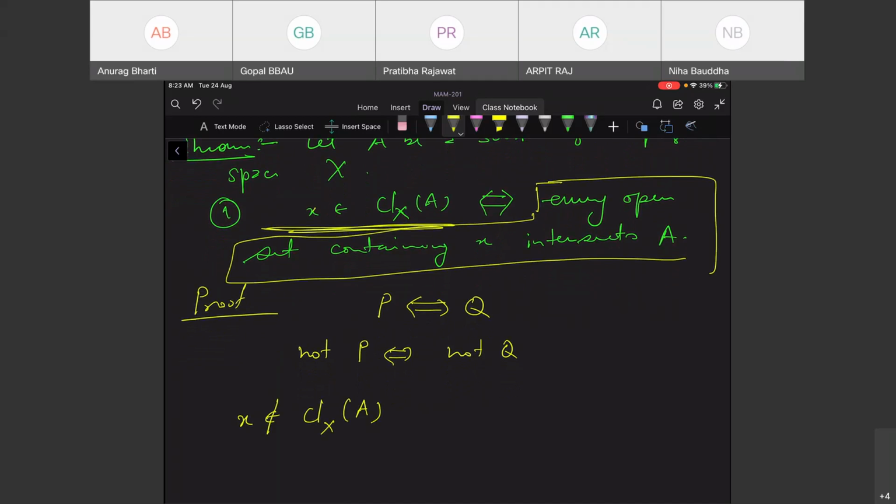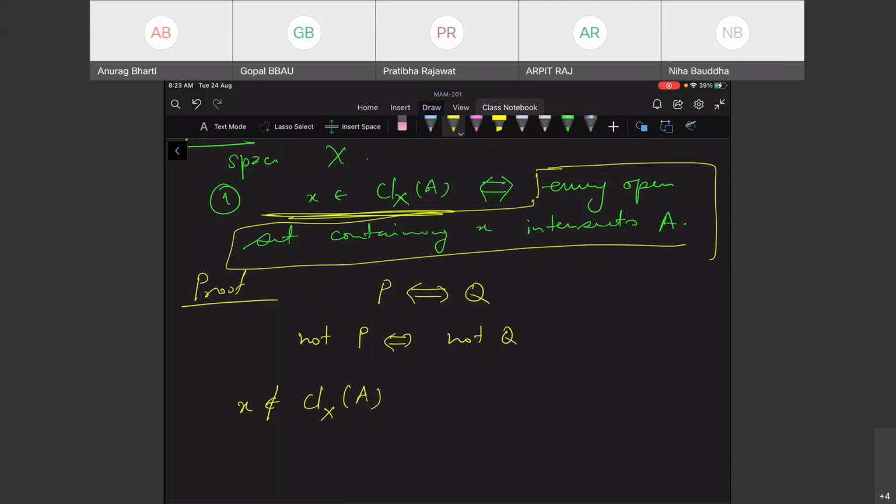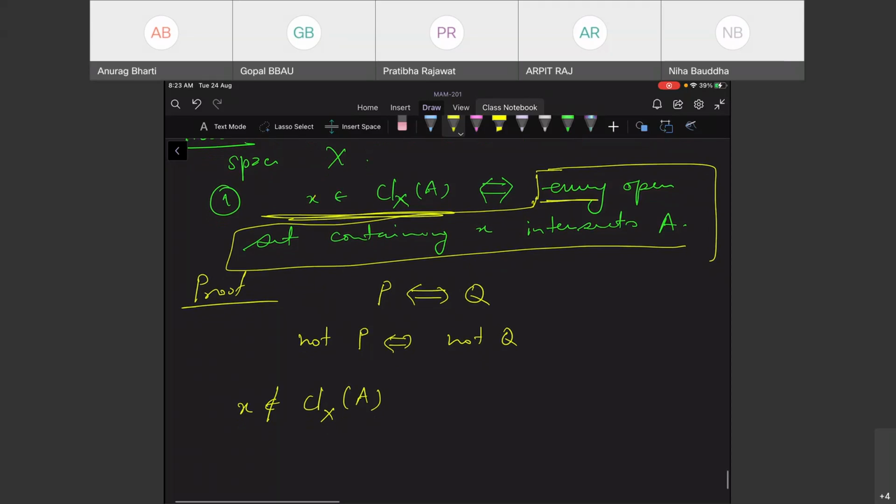Whenever you find the contrapositive of such a statement, this every will be replaced by there exists at least one.